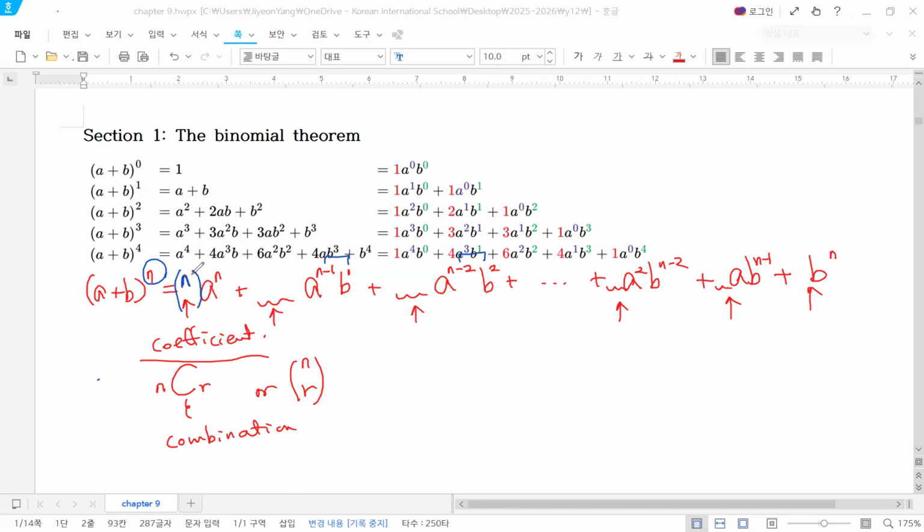And how many b's did we choose from here? 0. So n choose 0 is the coefficient of this one. The first coefficient is n choose 0. How many b's did we choose? One. Understand? How about this one? n choose 2. How about this one, students? n choose n minus 2. Yes. This one n choose n minus 1. This one n choose n.